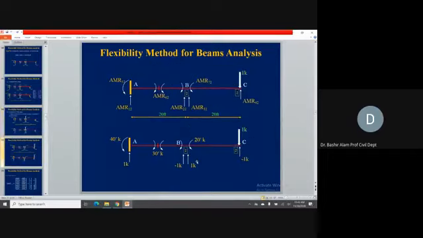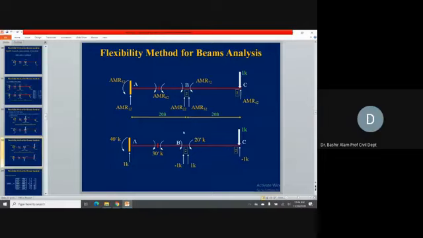Then the second column. To generate the second column corresponding to AR2, we apply the load. We analyze the basic determinate structure and the corresponding values, which are AMR 1,2, 2,2, 3,2. We find them. This is the analysis. Now the corresponding values: 1,2 is coming 1, 2,2 is coming minus 1, 3,2 is 1, and 4,2 is minus 1.